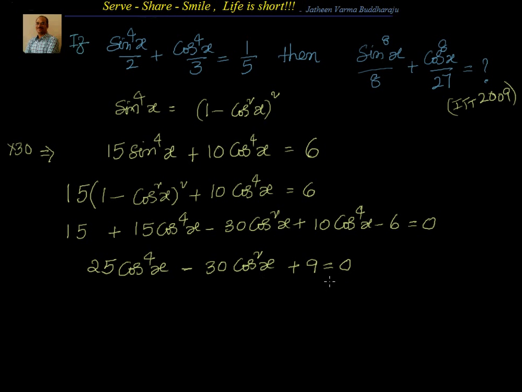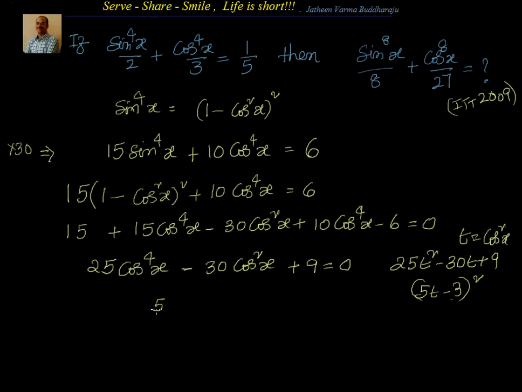This is a quadratic equation in cos square x, which you can write as 25t square minus 30t plus 9, where t equals cos square x, and this is nothing but 5t minus 3 whole square. You can check that in a minus b whole square, a square is 25t square, b square is 9, and 2ab is minus 30t.